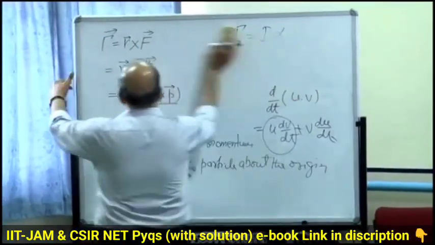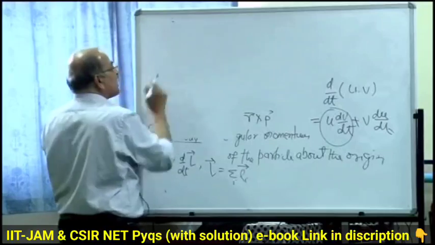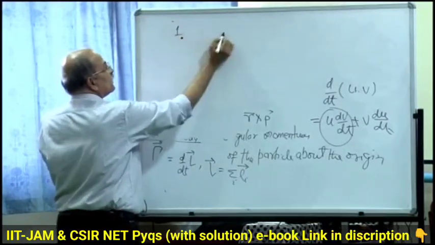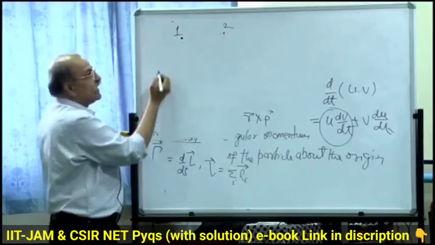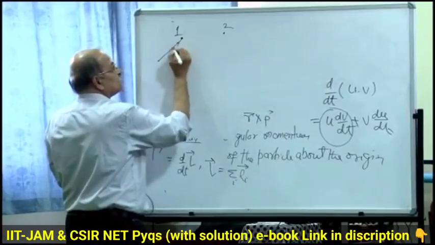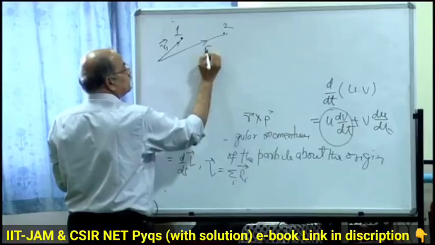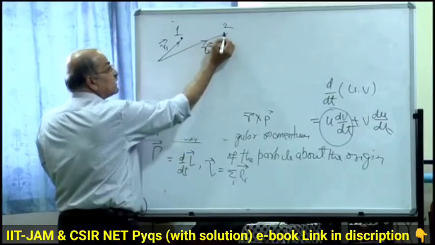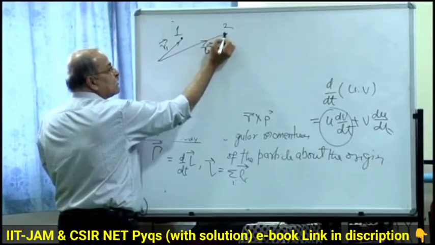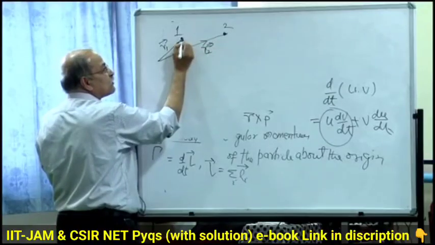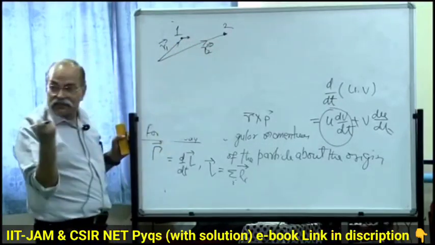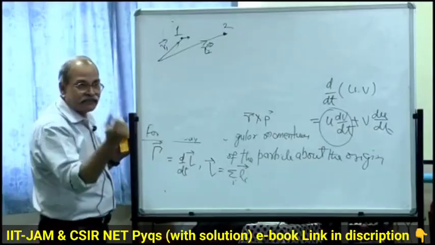Let me show you how. Just take two particles of the rigid body, particle number 1 and particle number 2. And here is the origin. So this is R1 and then you have R2. And for the internal force, this second particle exerts a force on this first particle, say attraction, molecular attraction, interparticle attraction.